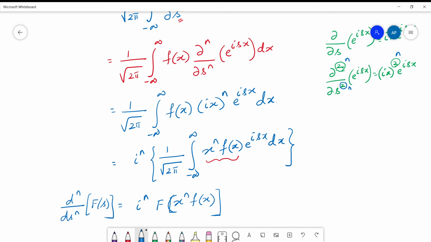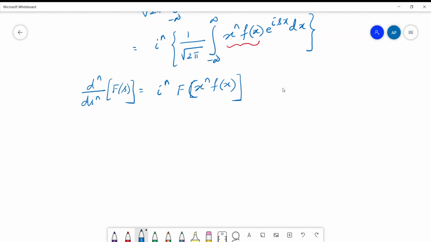We simply have to rearrange the terms. So how do we rearrange? The Fourier transform, according to the statement, we wanted x power n into f of x. So keep that on one side and collect the other terms on the right hand side. So it's 1 by i power n d power n by ds power n of F of s.